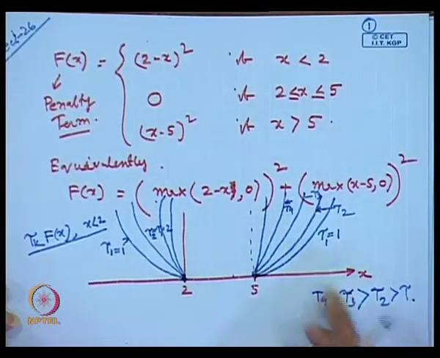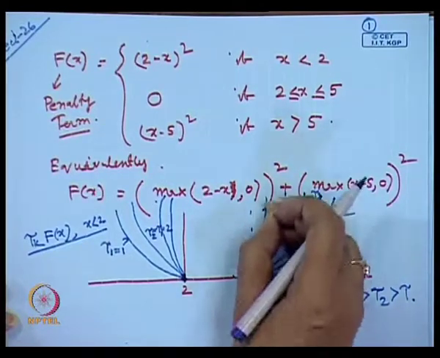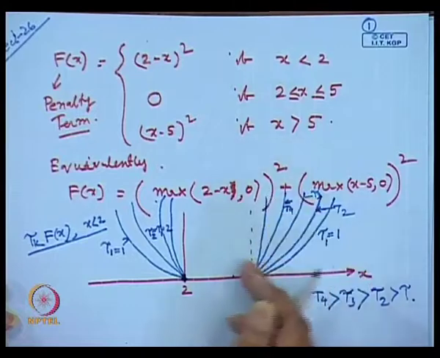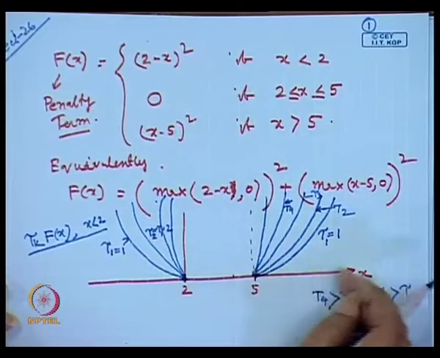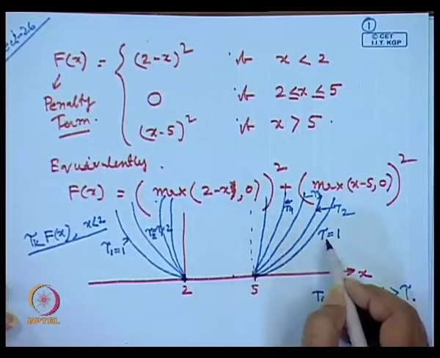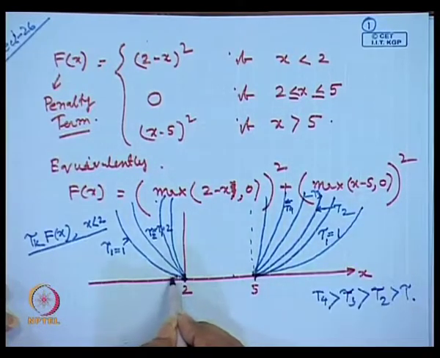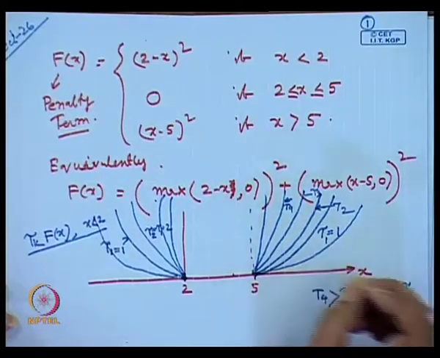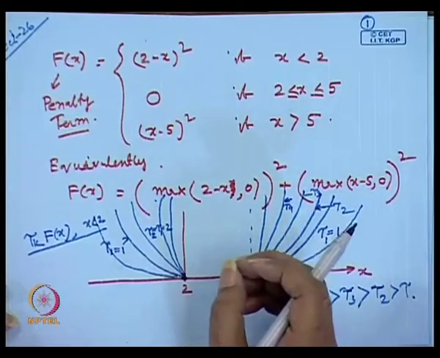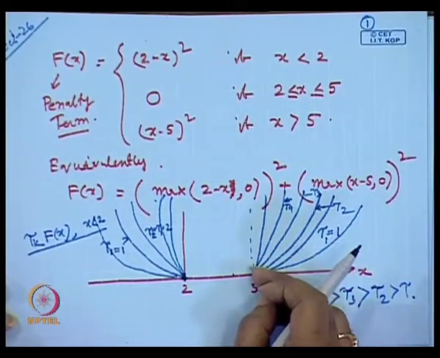That means, when tau is infinity, at this point it will be very steep in function value, like this way. When the tau value is very small, let us call tau less than 1, it will be smooth like this way. So if you start with a very small tau value and increase it, approaching infinity, then we are approaching from the infeasible region toward the feasible region.